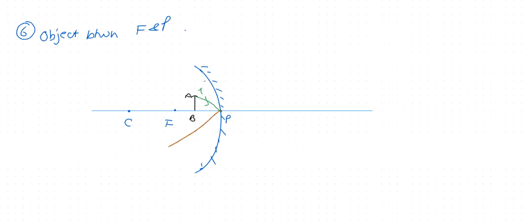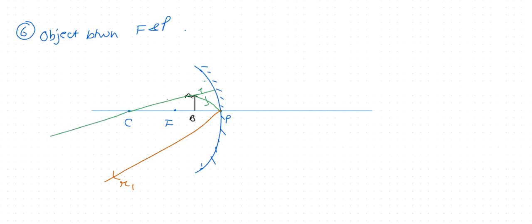I call it as R1. Okay, now the second one will go through the center of curvature. Now here, since it's not drawn to the scale, we'll have to see how we make it work. So I am making it like this. So this goes here. This becomes my I2.